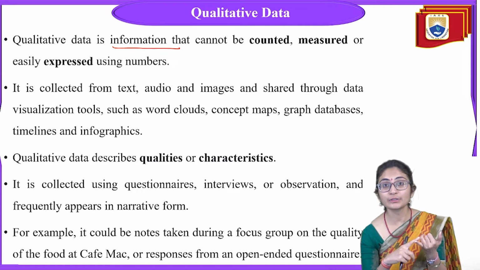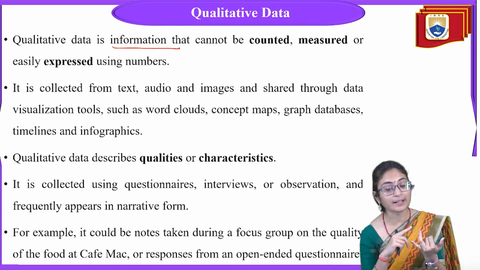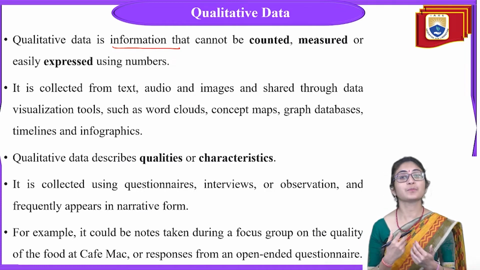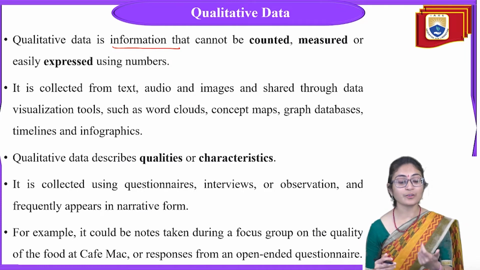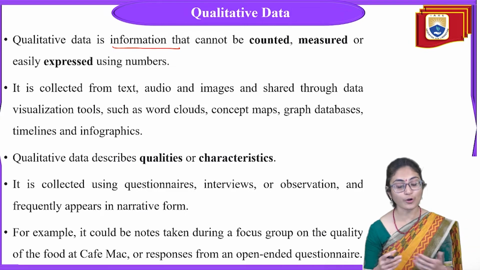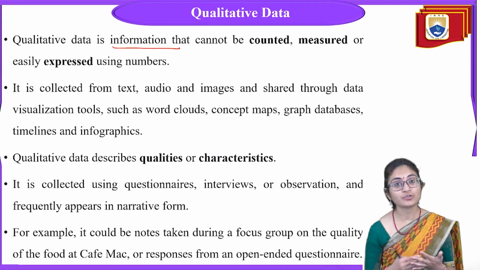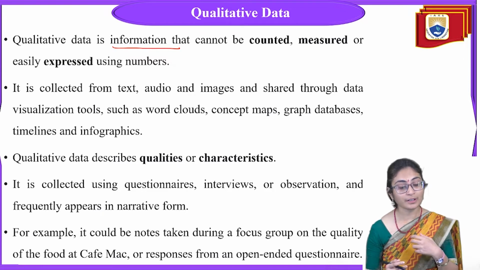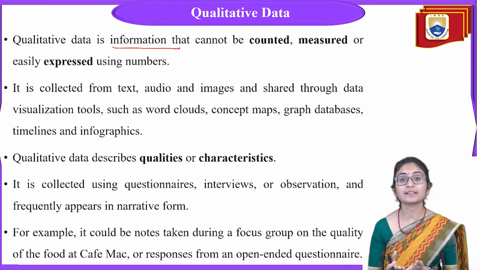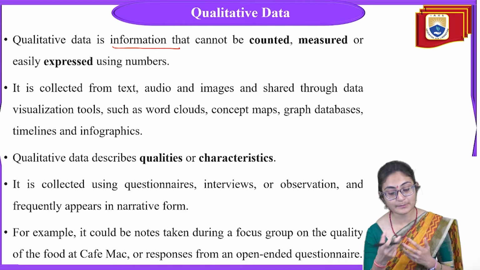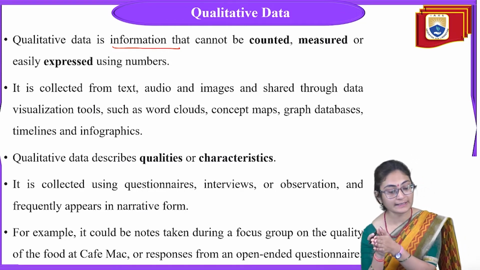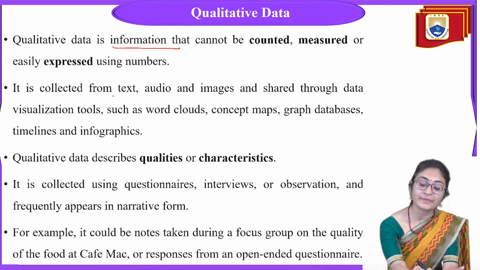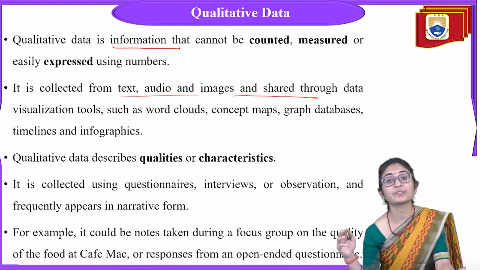But in qualitative data, we cannot count, we cannot measure, we even cannot use numbers. And this data we can collect from text, image, audio. You can even share some tools like word clouds, concept maps, graph databases, and even timelines and infographics.